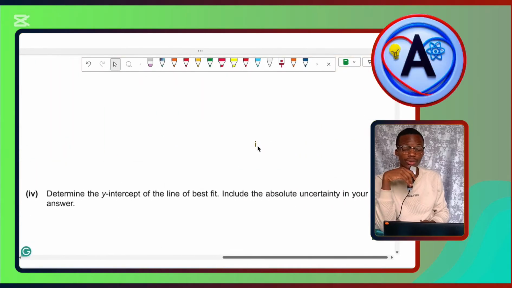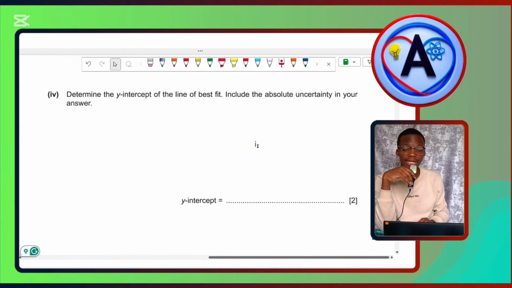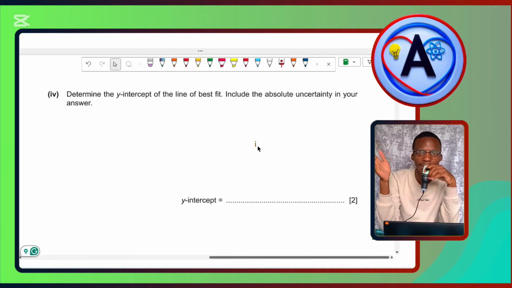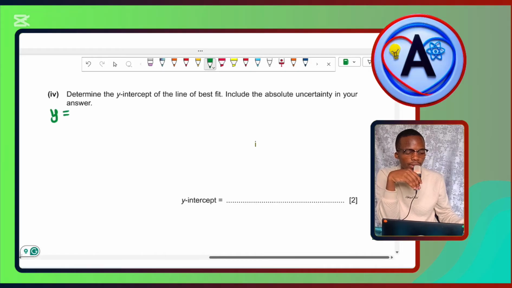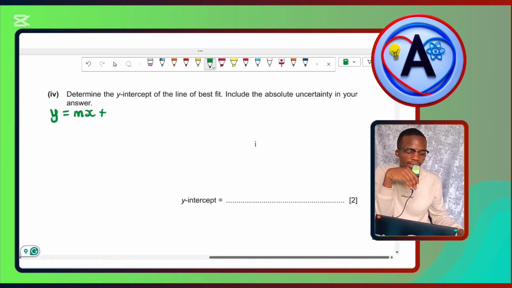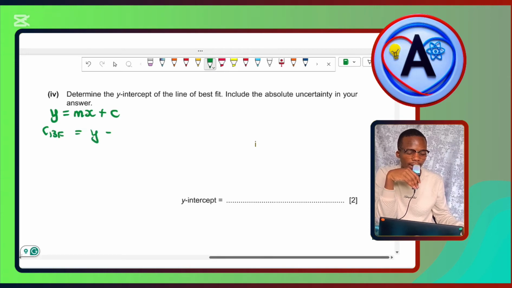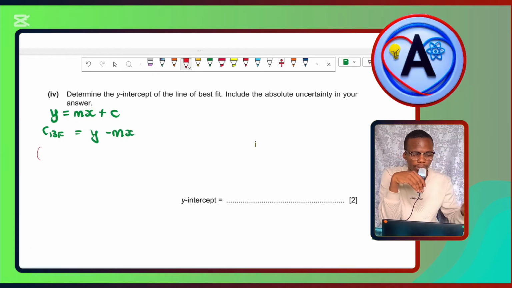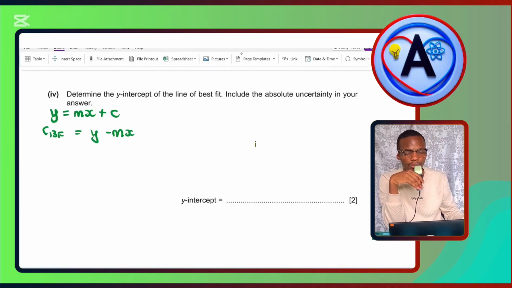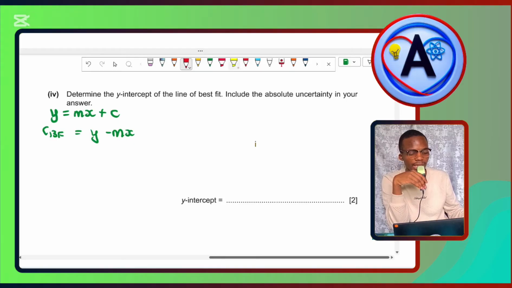Another follow-up question that you're going to see will always be to determine the y-intercept of the line of best fit. So let's cover that. I know that y is equal to mx plus c. So the c for the line of best fit will be equal to y minus mx. I'll go on my graph and pick a point, 1 point, and then put that point down here.